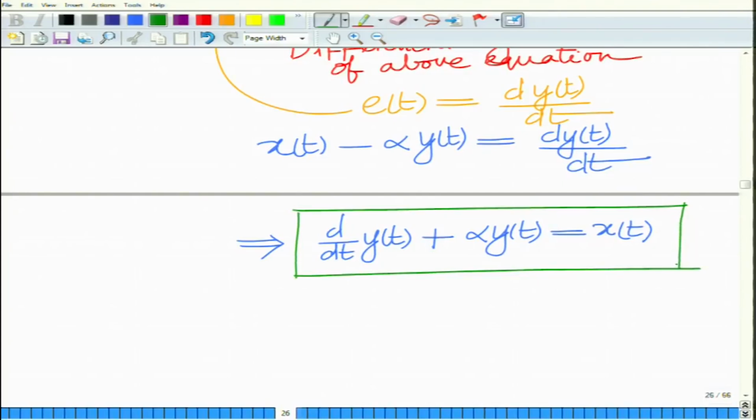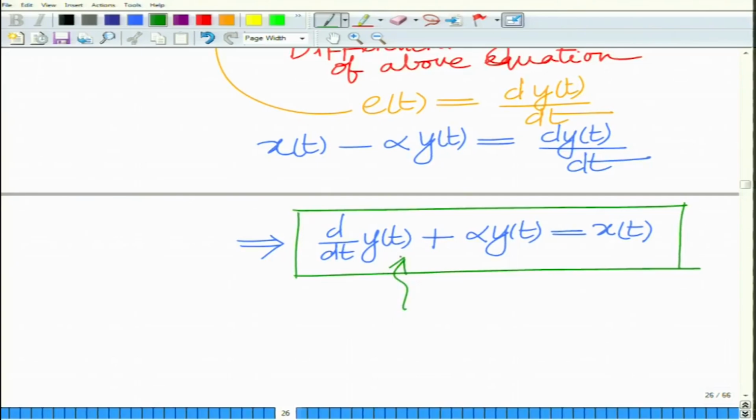What we have is dy t dt plus alpha times y t equals x t. This is the differential equation describing the above system.